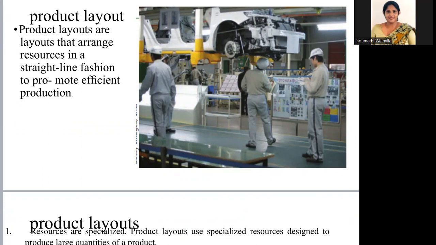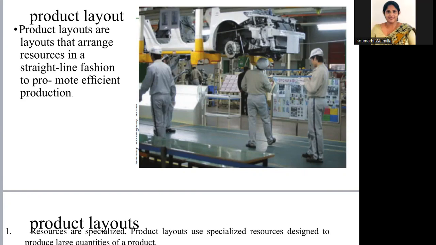So in this layout, equipment and work processes are arranged in the progressive steps in which the product is made. The workflow is efficient, and in effect flows in a straight line.